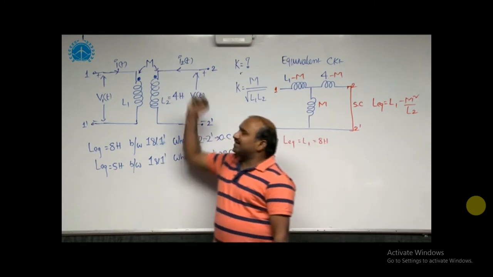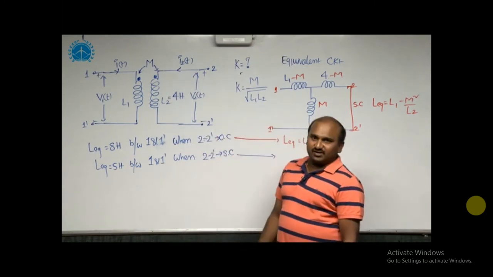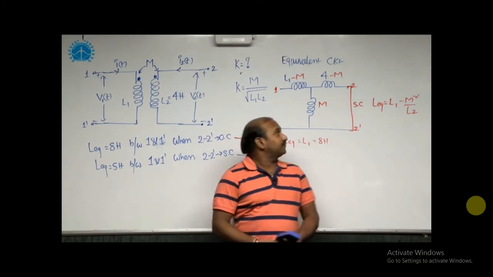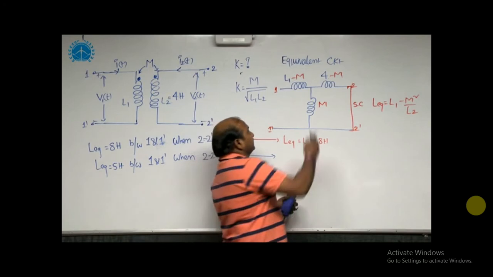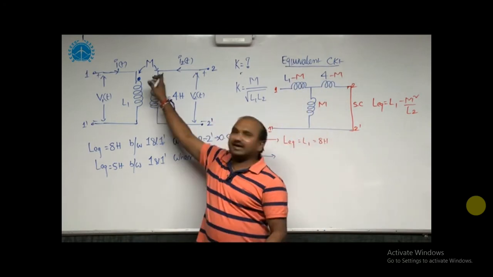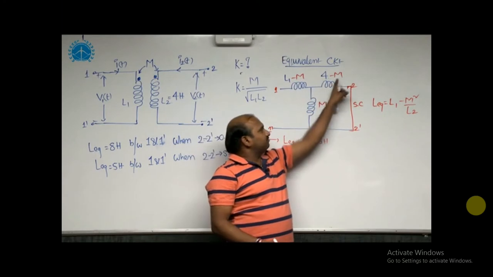Then mutual inductance comes into the picture. To obtain the mutual inductance value, we need to take the equivalent circuit of this coupled circuit. The equivalent circuit is this one. Whenever the two dots at the coils are entering, we get L1 minus M, L2 minus M and M.